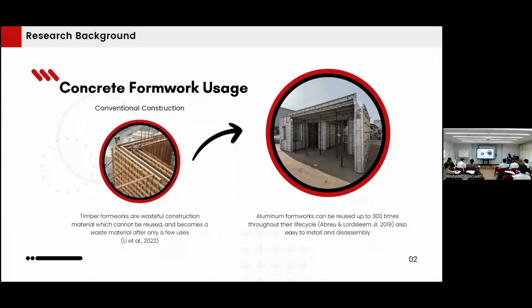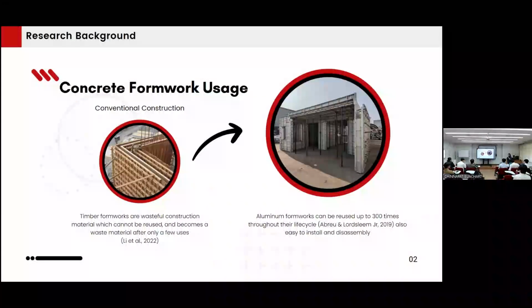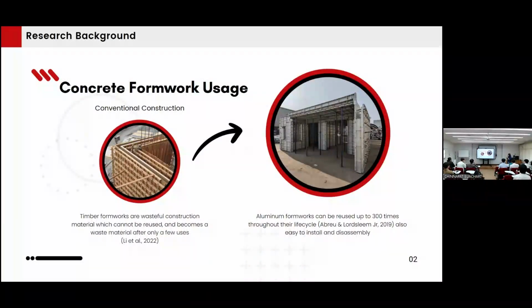And most of the buildings in Thailand are reinforced concrete structures, and the contractors still construct following the conventional construction method. So the timber formwork is typically used, but it's not that durable.